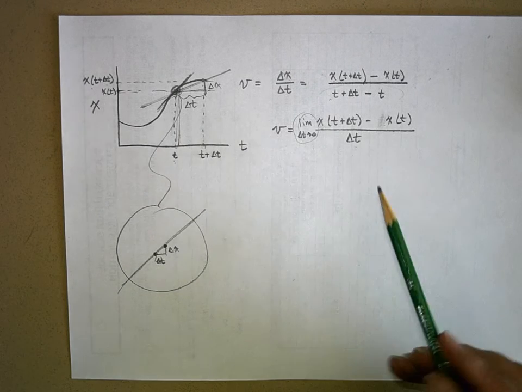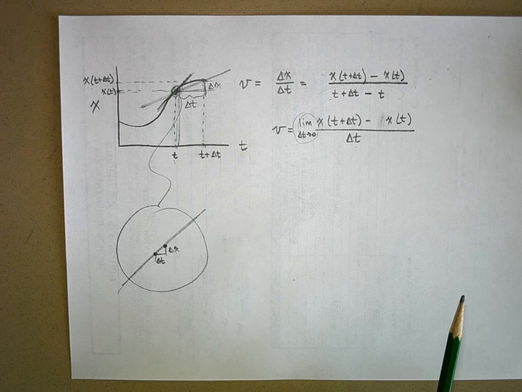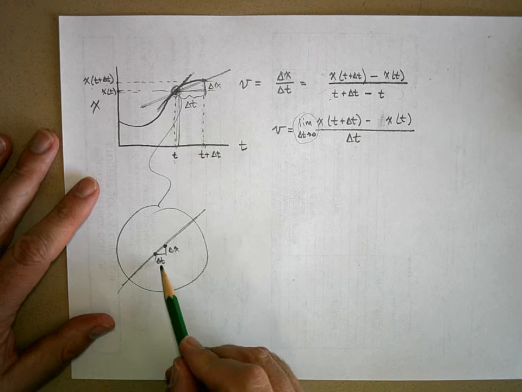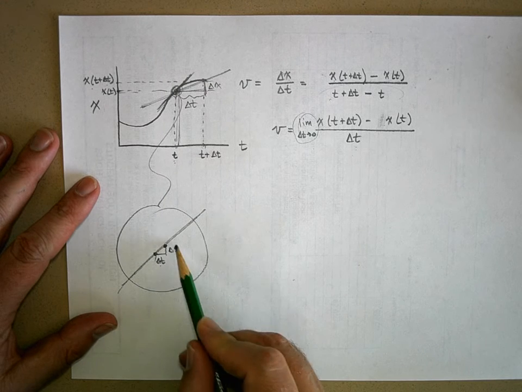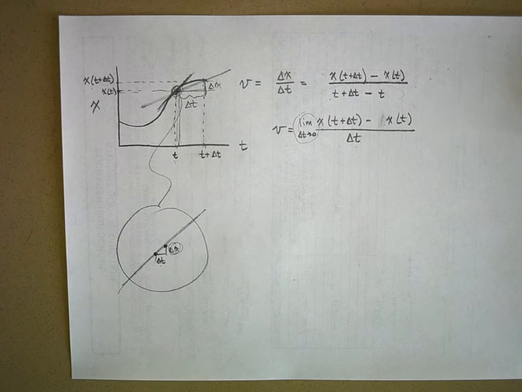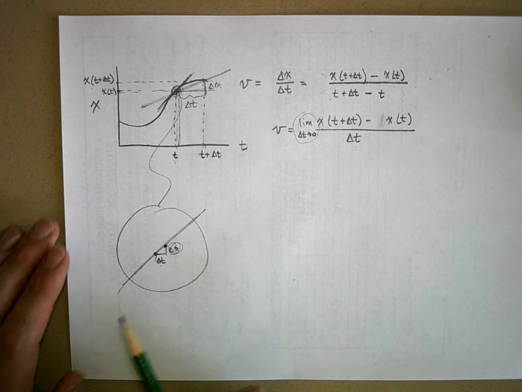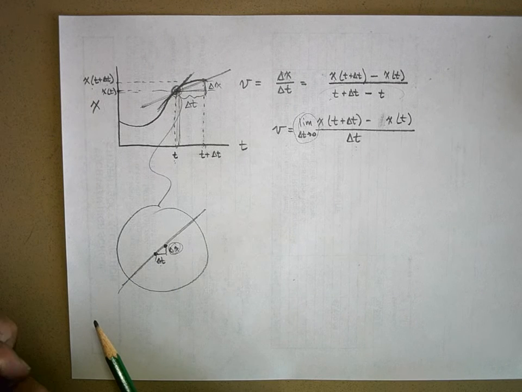But you can divide by something that's approaching 0, and it's going to be fine. Because as delta t is getting tiny, what's happening to delta x? It's also getting very, very tiny. Is it okay to divide tiny by tiny? Yes, watch.